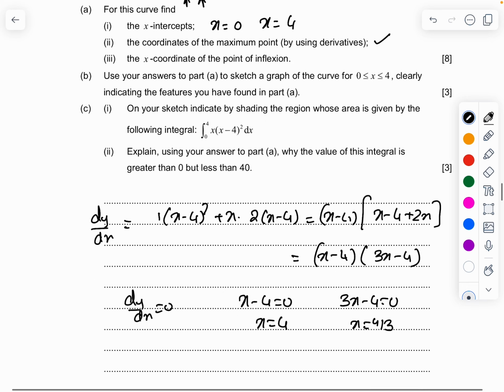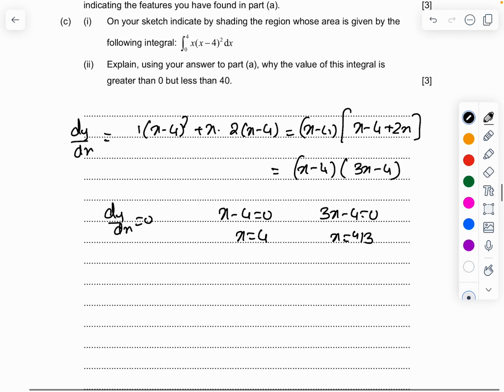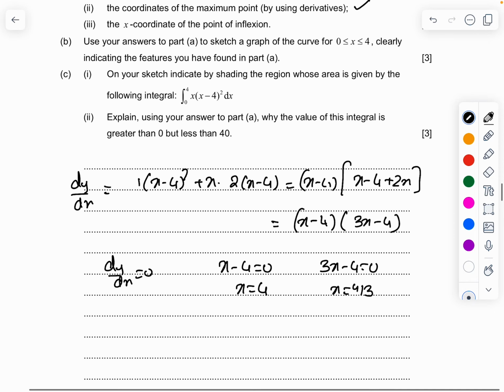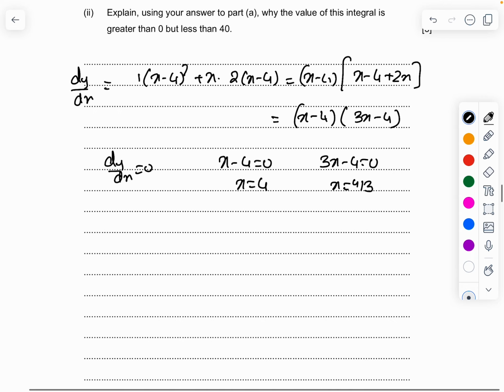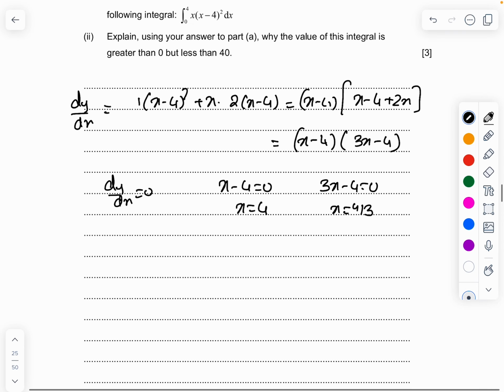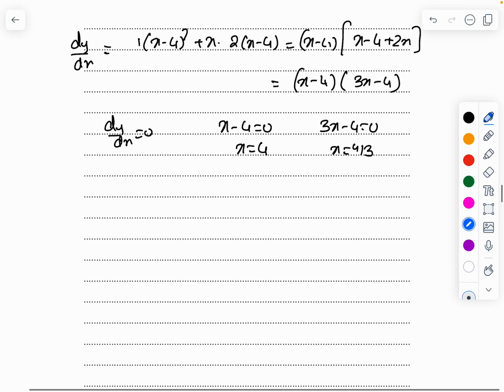Now we need to know whether this is a maximum point or minimum point. One of the methods is the second derivative test.